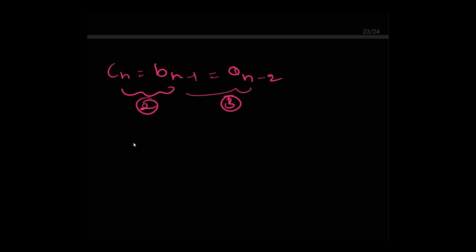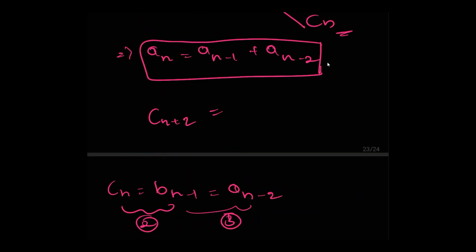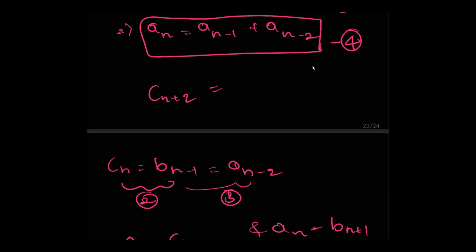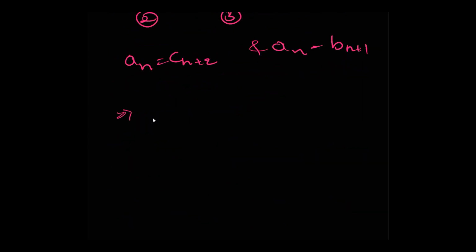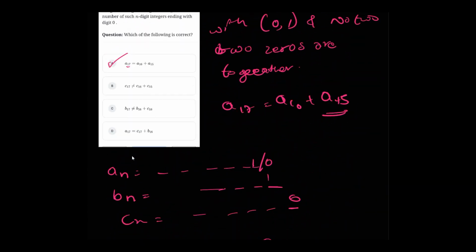Therefore, we can write An as Cn plus 2 and An as Bn plus 1. Let us take this as 4. We can write it as Cn plus 2 equals Cn plus 1 plus Cn, and Bn plus 1 equals Bn plus Bn minus 1. Therefore, option B and option C are wrong.